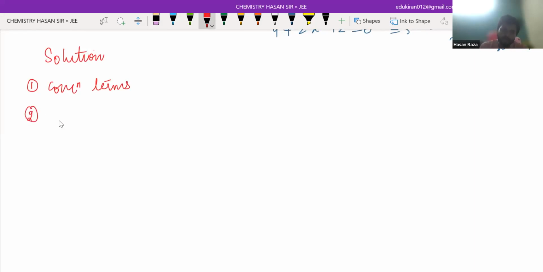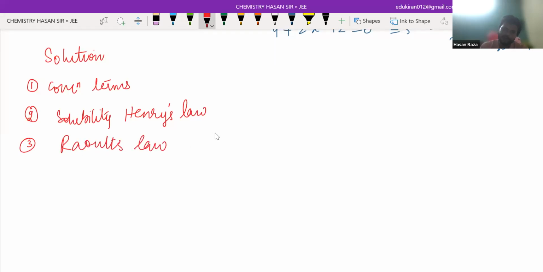The second, you are going to do the solubility, in which Henry's law is included. And the next one is Raoult's law, ideal and non-ideal solutions as well.